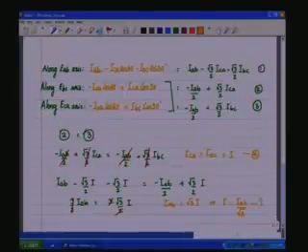This is a nice relationship. Now, using this, what can we gain?